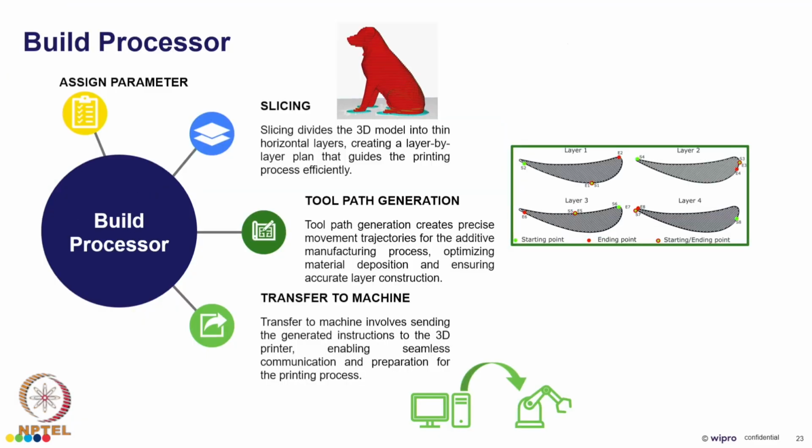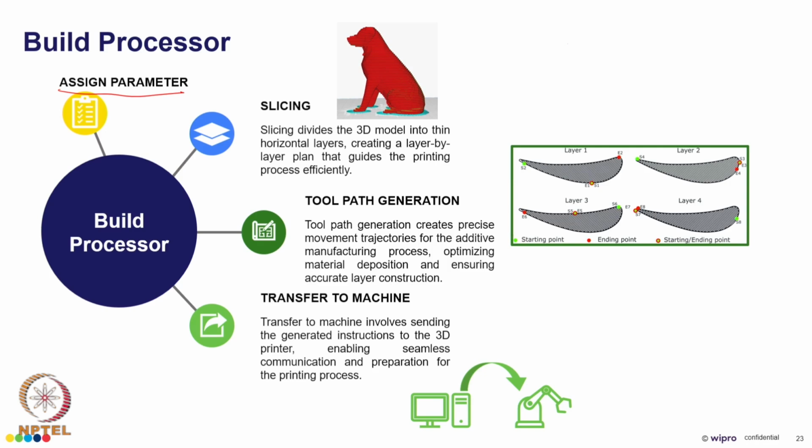And coming to the main work of a build processor, here we can see assign parameters is one of the first and initial steps of a build processor. That means it takes up the parameters available for making the G code or M code.